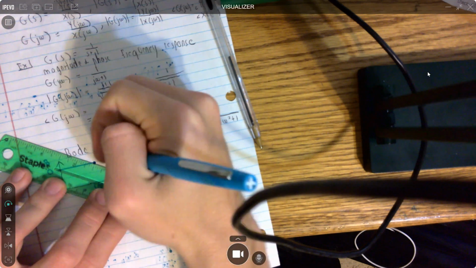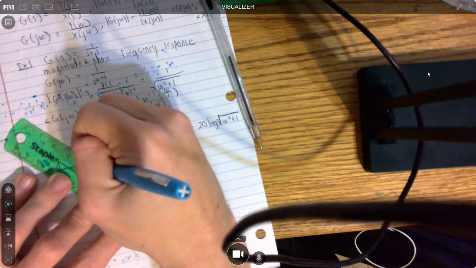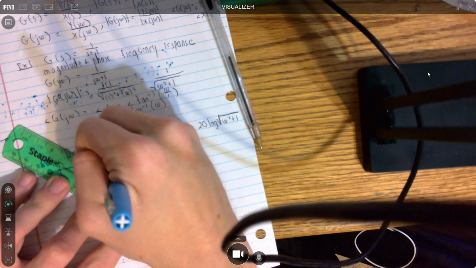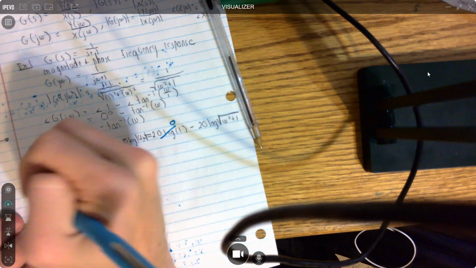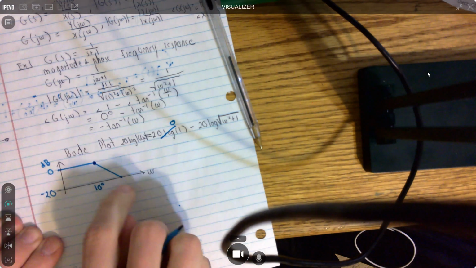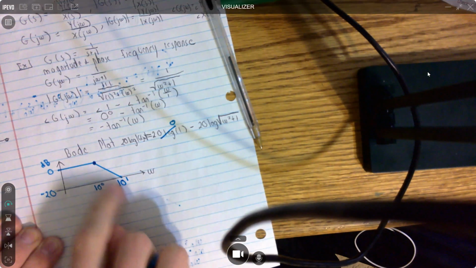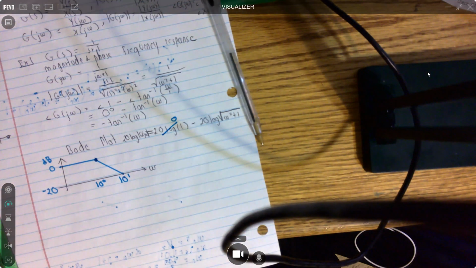Let's say this is our negative 20 dB point, and this is 10 to the power 1, because for 1 decade, it goes down 20. So that's the pole that contributes.